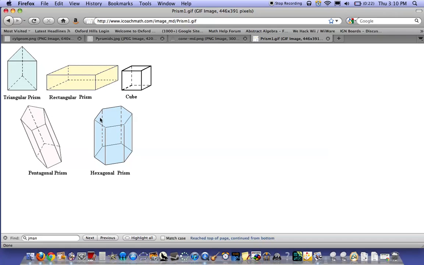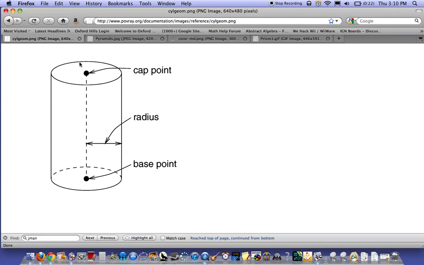The prisms have two bases, and the cylinders have two bases. The cylinders, though, have two circular bases, meaning that their lateral area is going to be rounded instead of having rectangular or triangular surfaces around it.